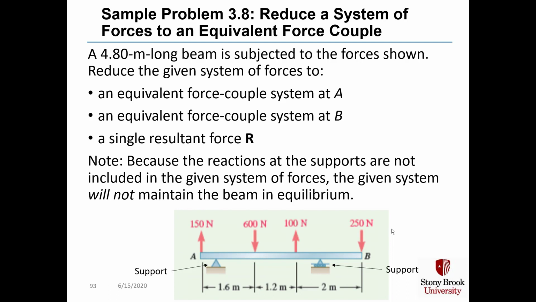And we need to reduce the given system of forces to an equivalent force couple at A, an equivalent force couple at B, and a single resultant force R, which acts at a strategic location that it will create a zero moment on the beam.